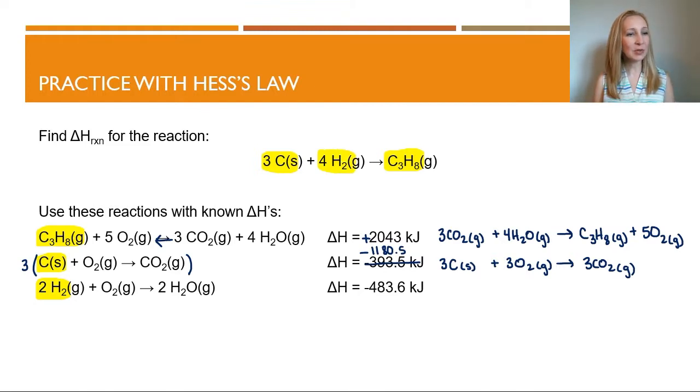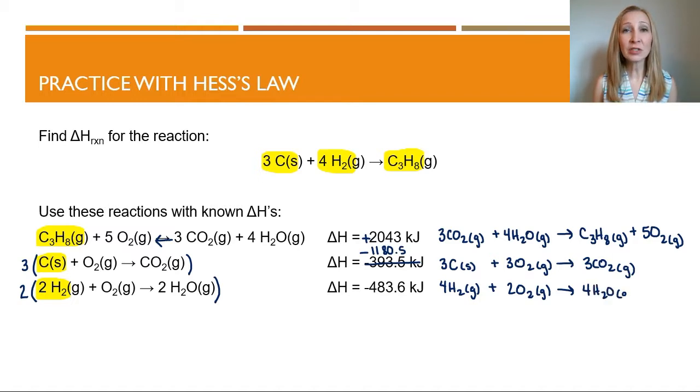The next thing I want to do is take these 2 H2s, which are reactants in this equation. H2 is also a reactant in my unknown equation, but I have 4 H2s that I'm dealing with. So I'm going to multiply this whole equation by 2. If I rewrite that, I get 4 H2s plus 2 O2s, in gas form, gives me 4 H2Os in gas form.